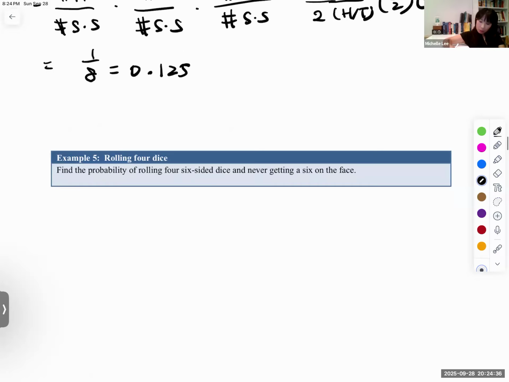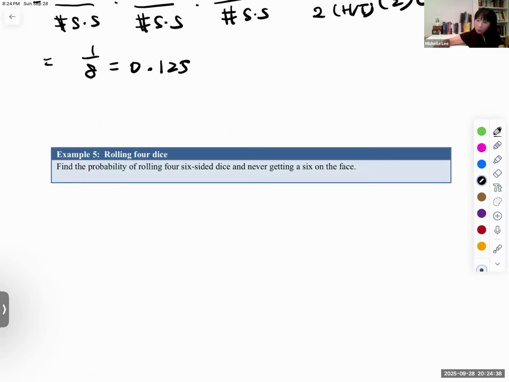Okay. Now let us do these questions. Find the probability of rolling 4 dice, 6-sided, never getting a 6 on the face. So let us do that.